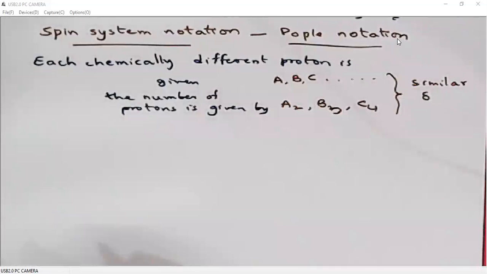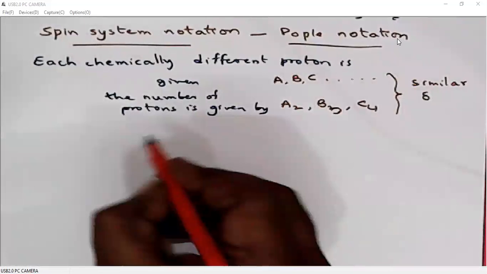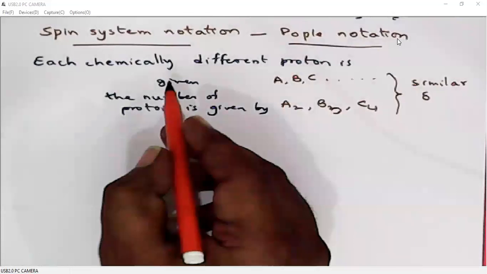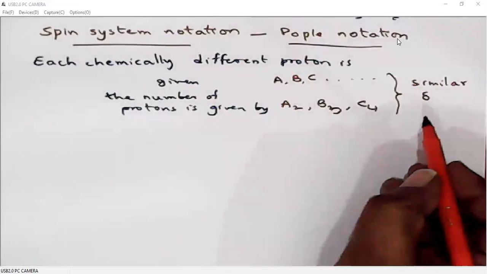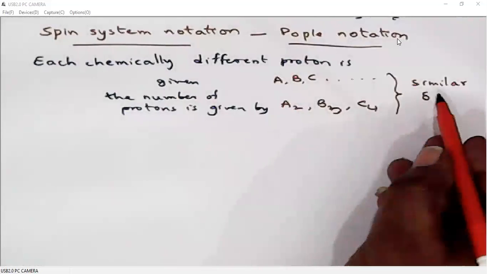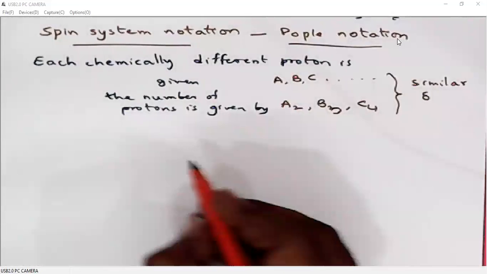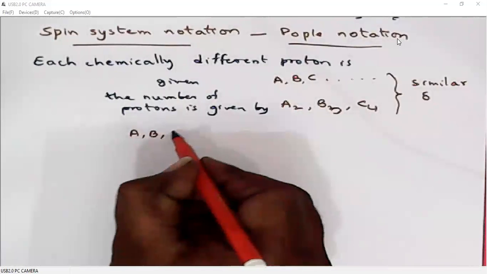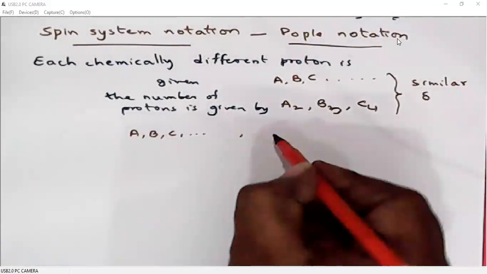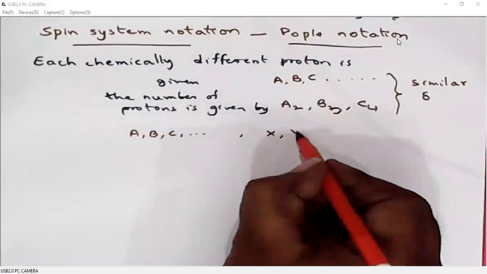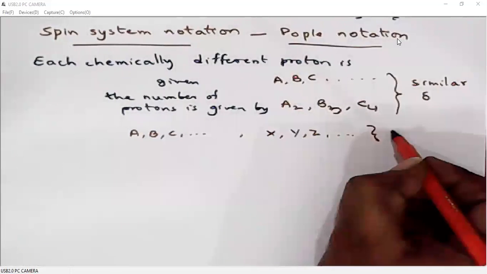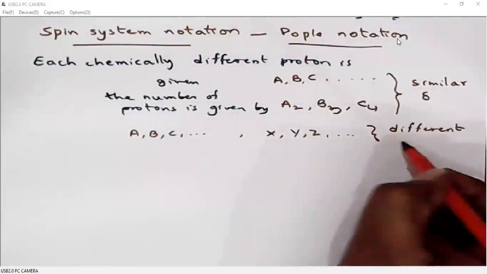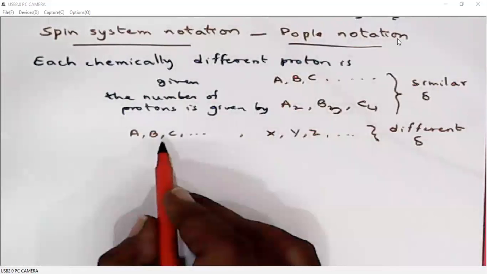Alternatively, if each chemically different proton gives different signals with a large delta difference, then we will label them as A, B, C and so on, and X, Y, Z and so on, because they have different delta values. Why are we using these notations?